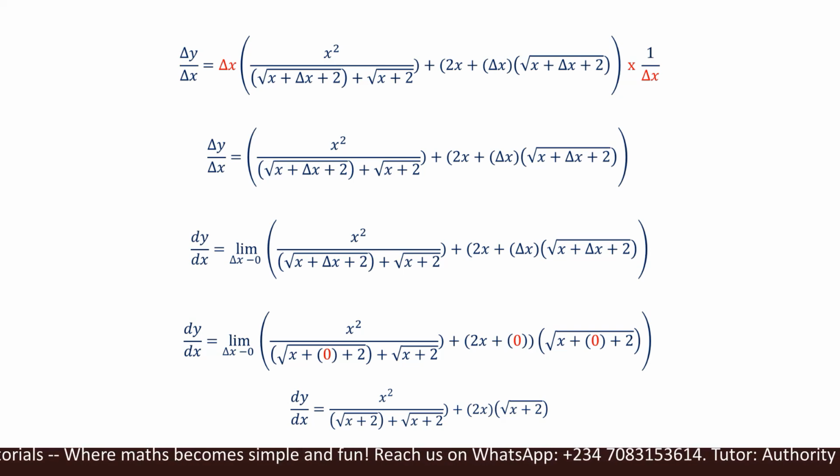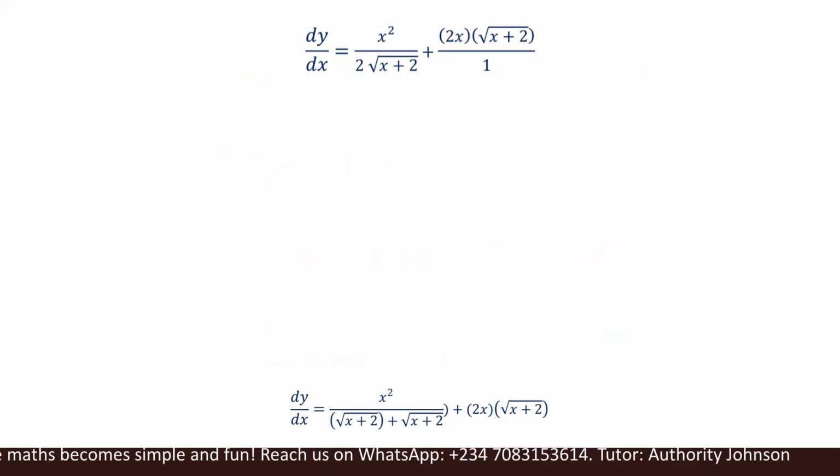Yes, now look at this carefully. From here, let's combine the right hand side together. So combining the right hand side together, the LCM is going to give us square root of x plus 2 plus square root of x plus 2, and these two are the same.